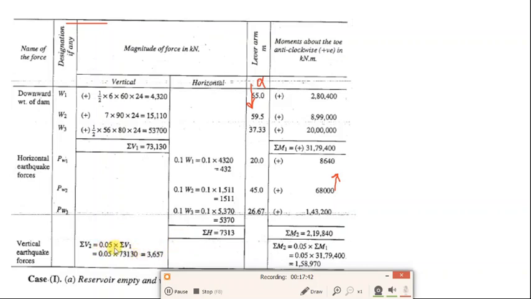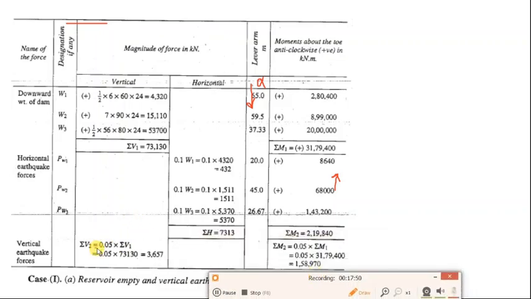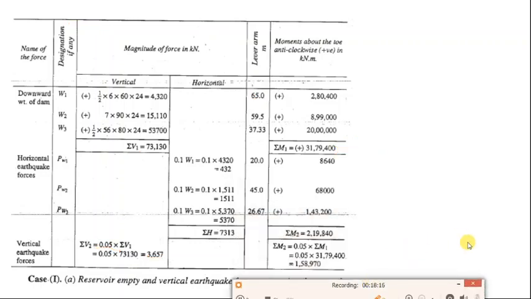So the earthquake acceleration coefficient for vertical earthquake is 0.05 multiplied by the total vertical downward force, that is 0.05 multiplied by 73,130, which will give you 3695. Similarly, multiplying this by 0.05 will give you this. So this is how we can calculate the vertical force also. Now move on to our next slide.